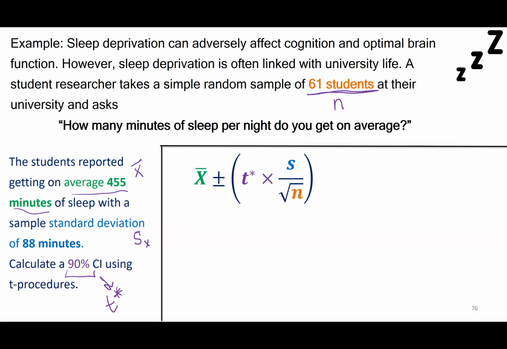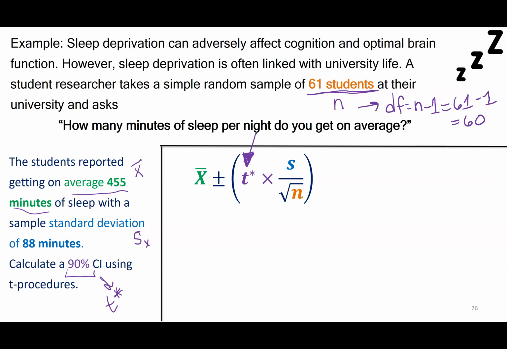So our setup here is going to be X bar plus or minus my t star. This t star is going to come from my t table. Degrees of freedom is n minus 1, so it's going to be 61 minus 1, and that's just going to be 60.